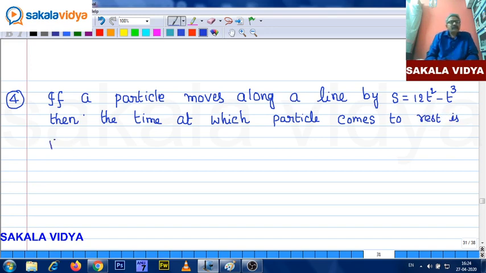First option 2 seconds, second after 4 seconds, third option after 6 seconds, fourth option after 8 seconds.